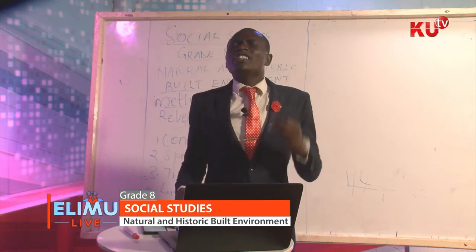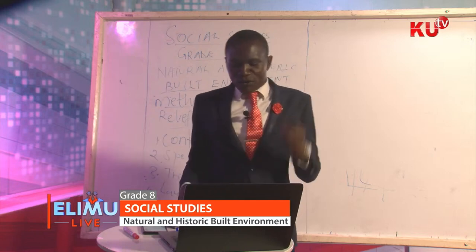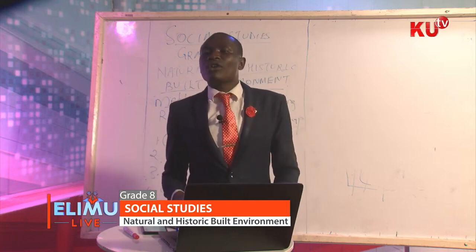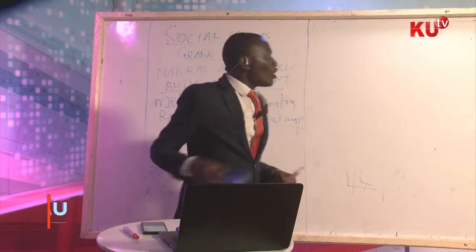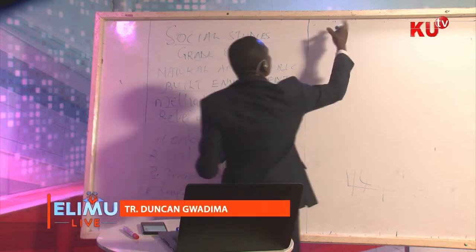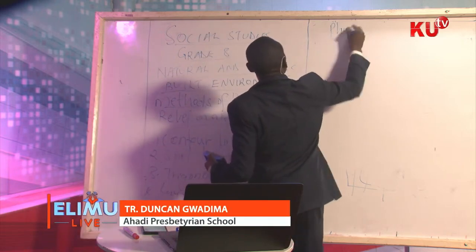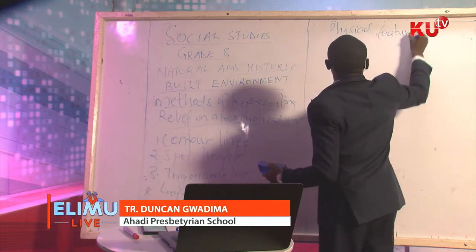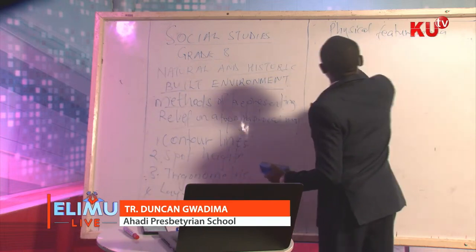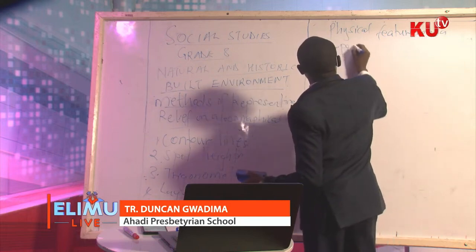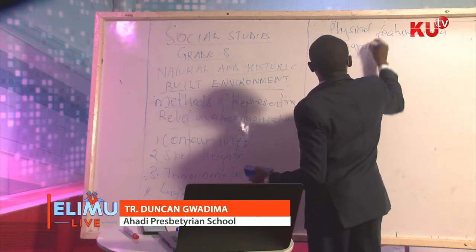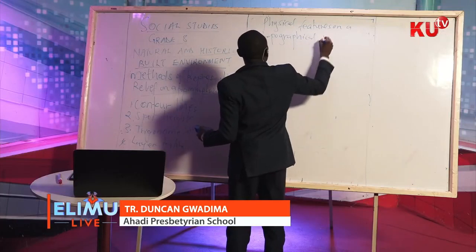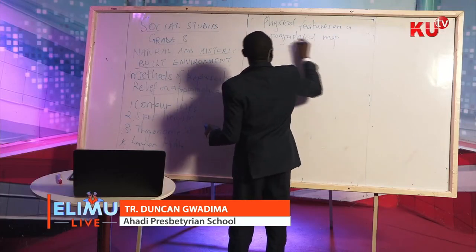So how do we interpret physical features on a topographical map?